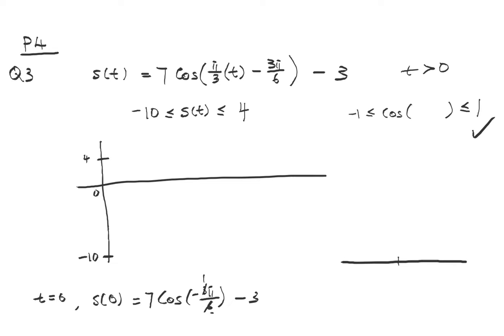Cos of half is 0. So the answer is -3. So it starts there. And I told you before, the equilibrium point is the middle, correct? 4 plus -10 divided by 2. That is -3. So you start from here. Right?